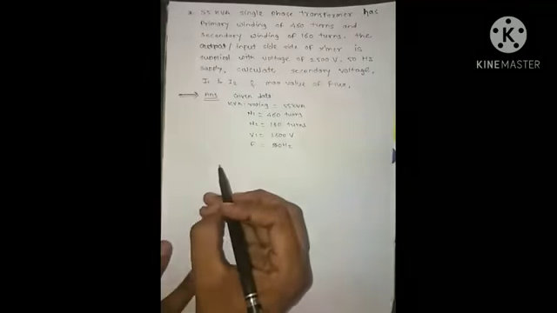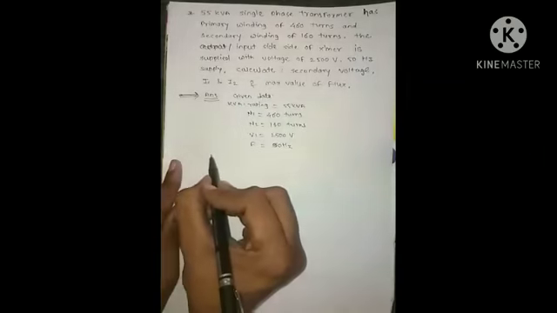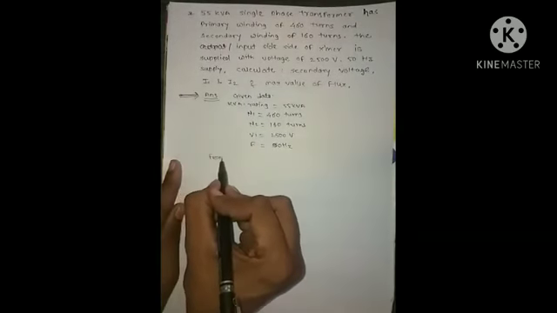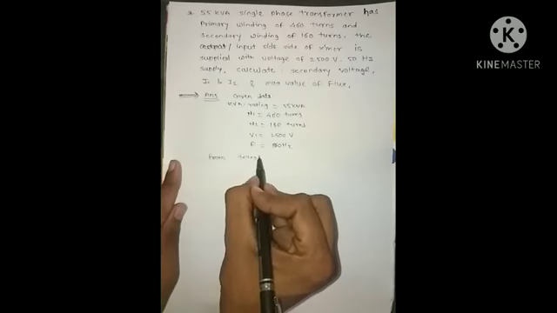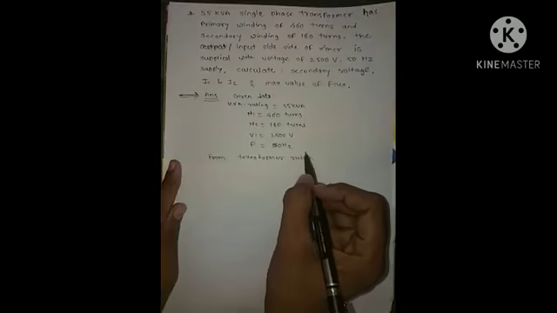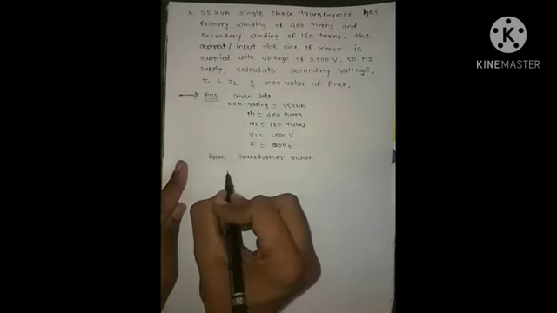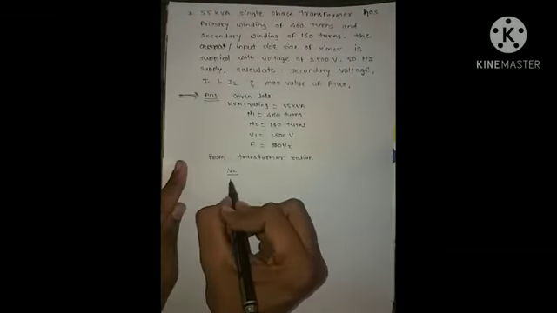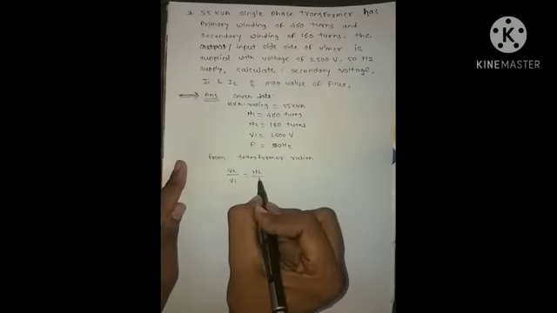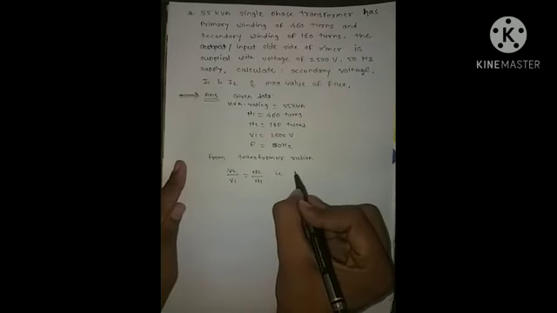So we use here transformer ratio, that is voltage and turns ratio, V2 upon V1 equals to N2 upon N1. Okay, we can rearrange this ratio.